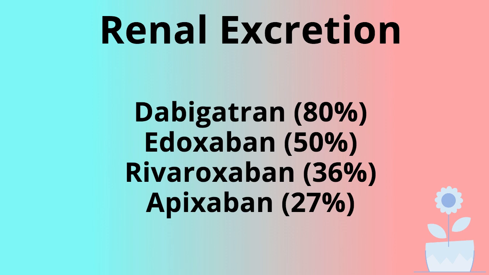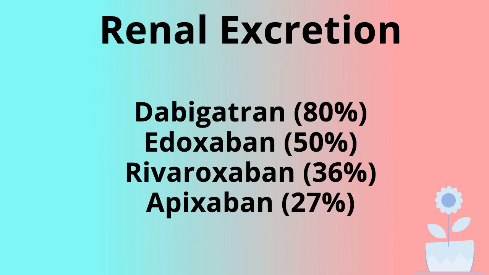For most of these drugs, they are metabolized by the liver. And once they're metabolized, most of the time they're not active metabolites, and so those are not as relevant in terms of increasing the risk of bleeding. But here we're talking about the actual active drug that, if accumulated, could increase the risk of bleeding.